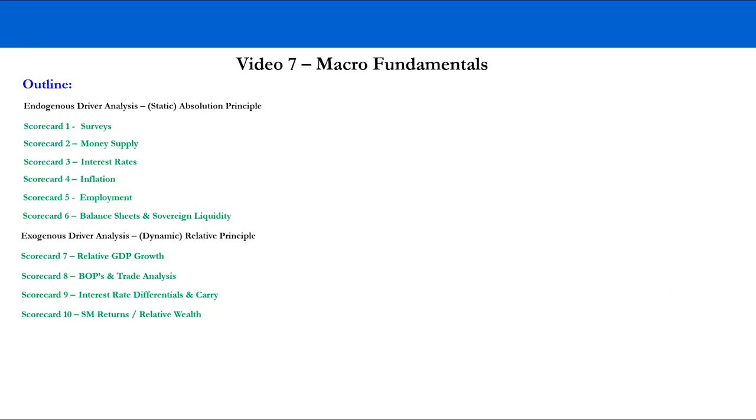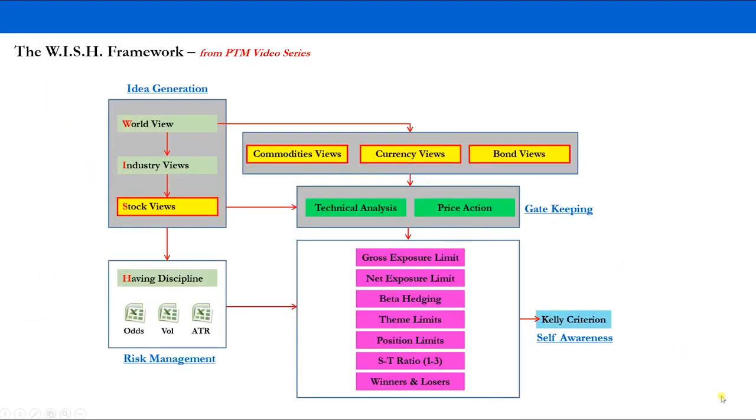So let's kick off with our micro fundamentals, and we have to do first a little bit of groundwork. For viewers who have already seen the professional trading masterclass video series, so the PTM video series, which is available in the education section of the website, you will understand that we use a systematic process across all asset classes.